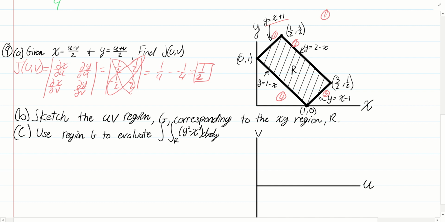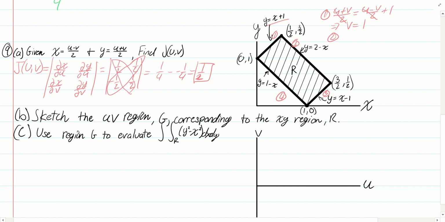In equation 1, I'm going to sub in y, so we have u plus v over 2 equals u minus v over 2 plus 1. Then we're able to cancel out the u over 2's, and I want to add the v over 2, so we have v equals 1.